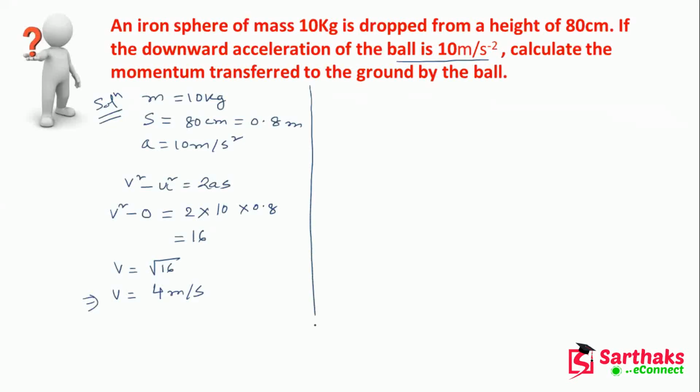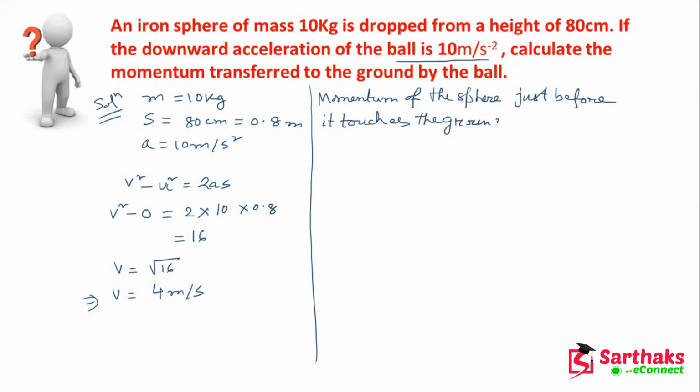So now, the momentum of the sphere just before it touches the ground is m into v, that means 10 kg into 4 meter per second.